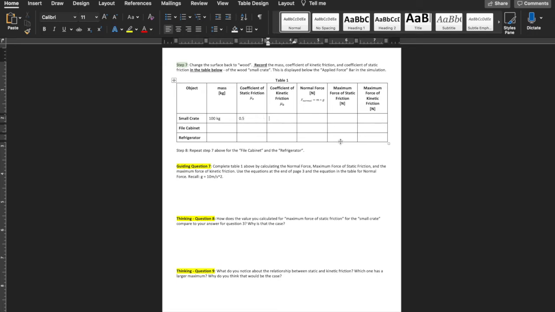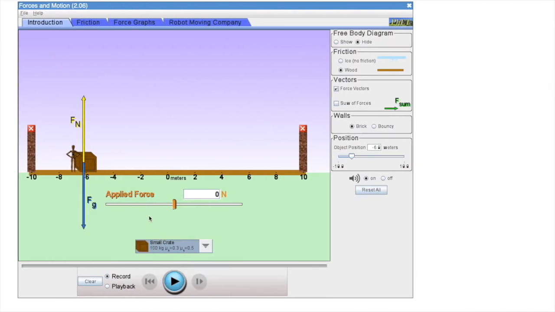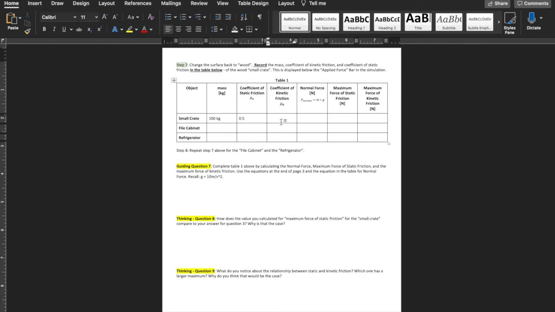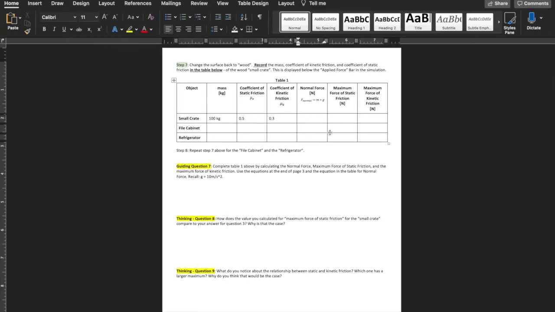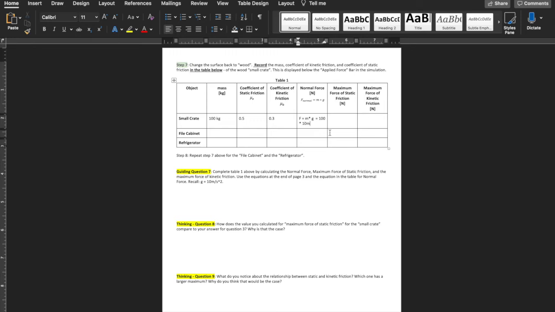Coefficient of kinetic friction is 0.3. Then we have our normal force. Okay, well, the mass is 100 kilograms. So F equals m times g, which is 100 times 10 meters per second squared. So that's going to be approximately 1,000 newtons.